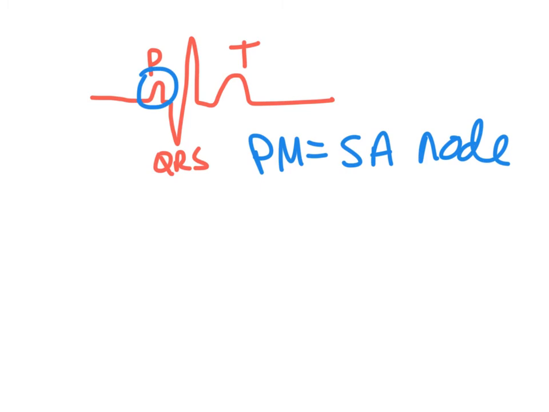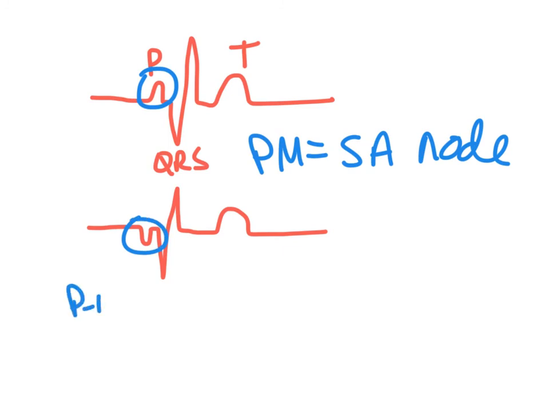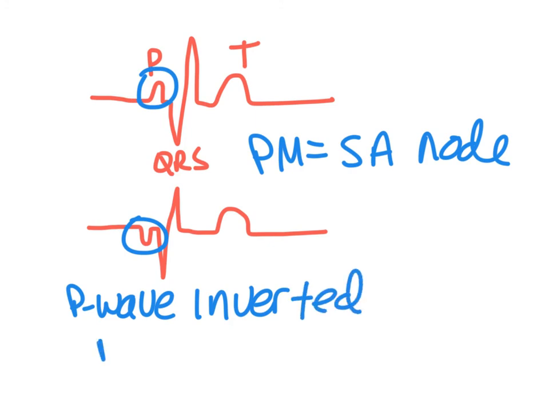If you see an EKG like this, where the P wave is inverted, upside down, this tells us that the pacemaker was the AV node.